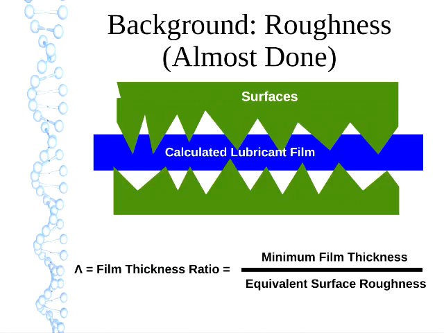Also, roughness. Intuitively, we know that roughness plays a role with lubrication. Say we've got a lubrication film of, say, 2 microns. How well is that going to work? Well, it depends on how rough the surface is.